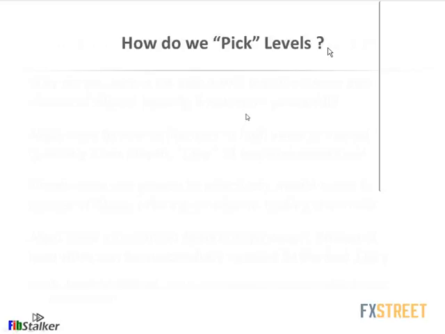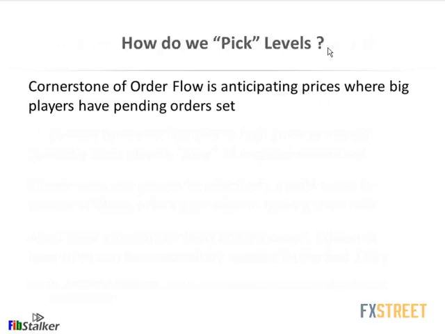So how do we pick levels? As traders, when we want to trade the order flow, we need to anticipate our order flow at some level. We have to pick a level, and that's one of the reasons it's a cornerstone of order flow in anticipating price. So we want to anticipate where big players have pending orders or will enter the market.